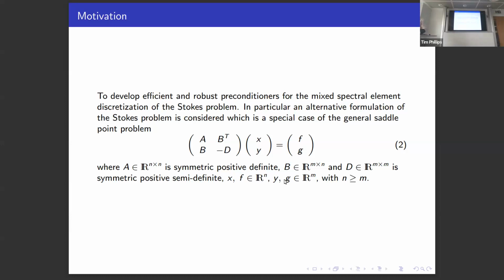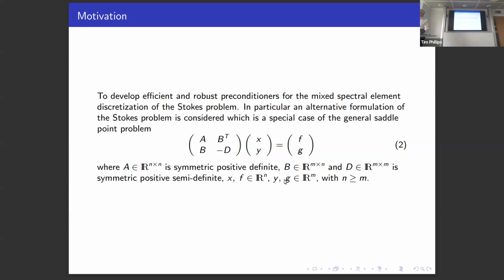You can think of A as being some sort of discretization of the diffusion operator in the momentum equation, B transpose the discretization of the gradient operator, and B the divergence operator.